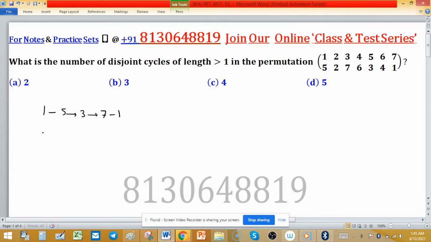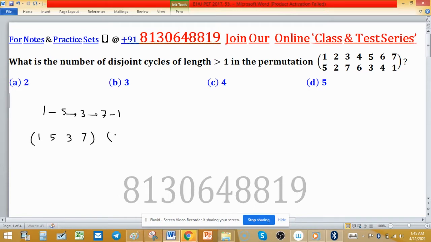It means that the cycle is (1 5 3 7). This is a closed cycle. Since 1, 3, 5, 7 are used, the remaining element 2 is mapped to 2, so this is a cycle of length 1.